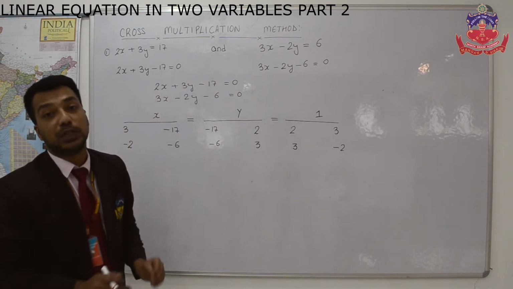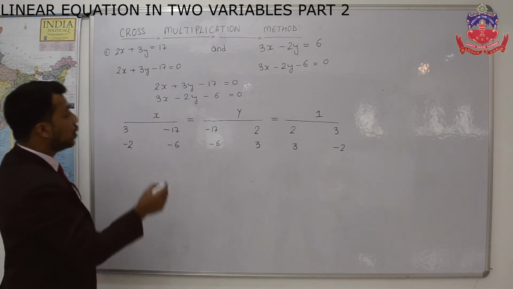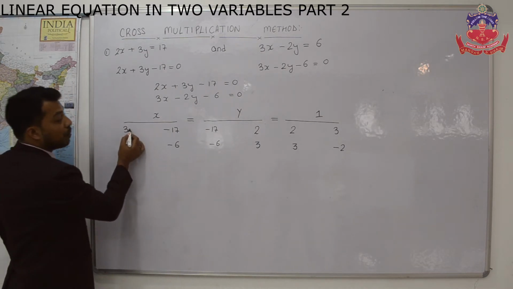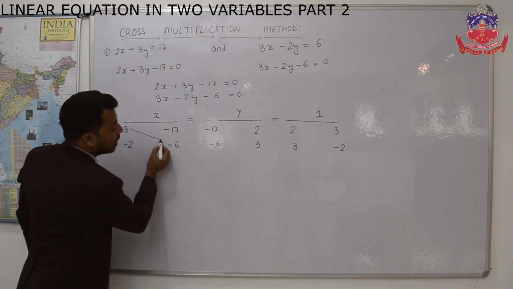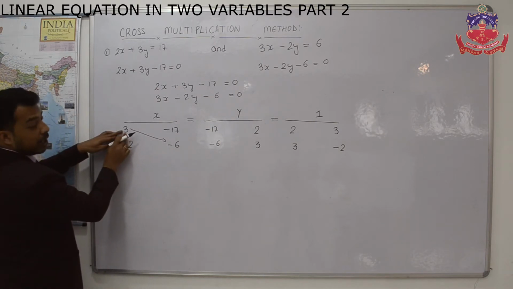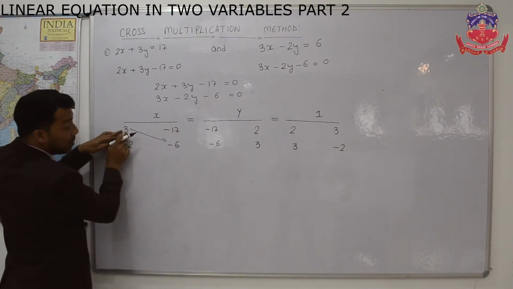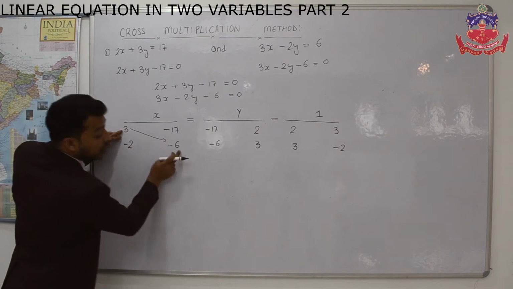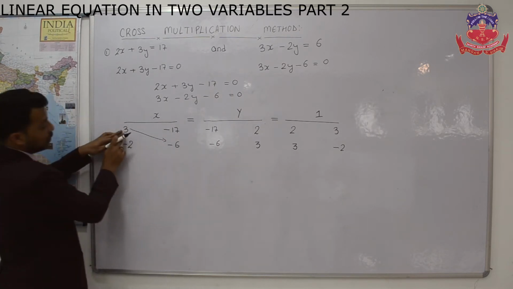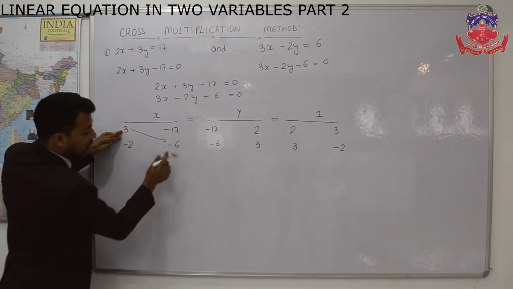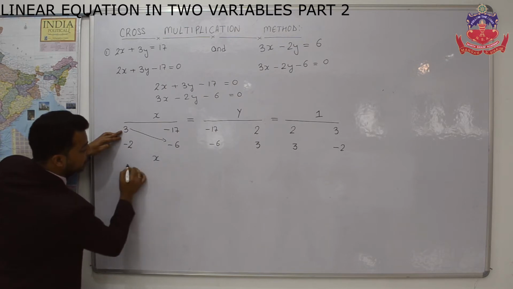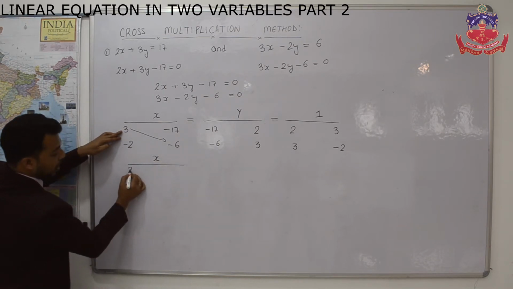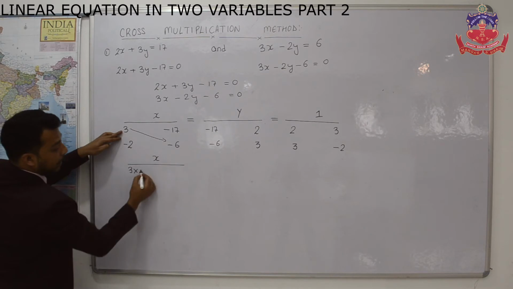After you have done with this step, what you are going to do is cross multiply from the left hand side this way. That is, from the left hand side, you are not going to multiply straight. You are going to multiply the upper number with the lower number, from left hand side going to right hand side. So I will first write x divided by, that is 3 into minus 6.